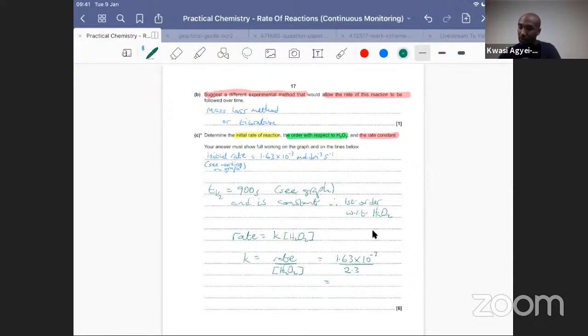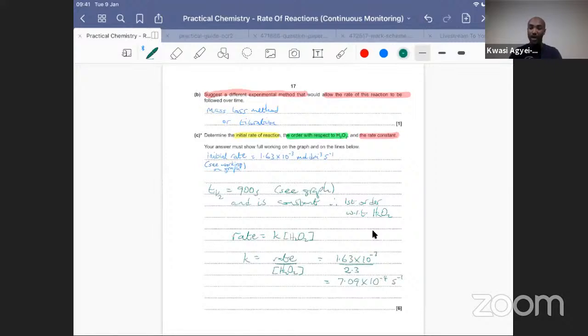That should give us 7.09 times 10 to the minus 4. Okay, so the rate constant in this case would have units of seconds to the minus 1.